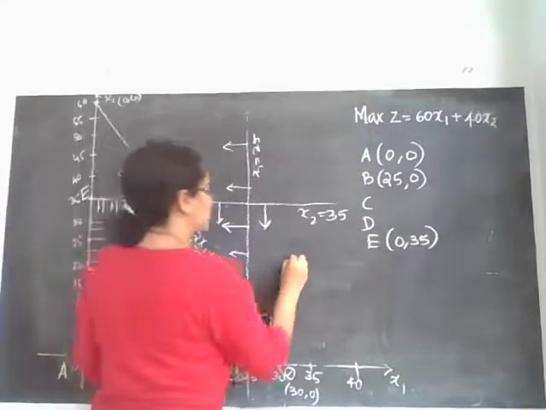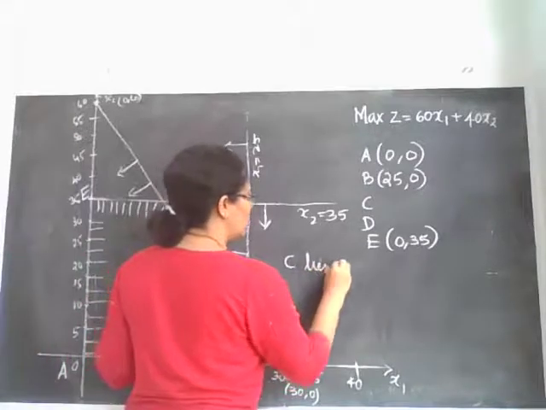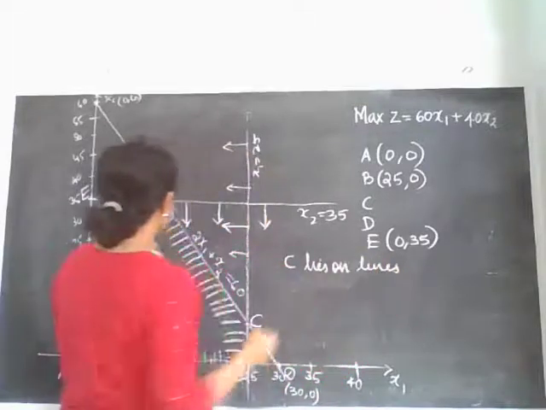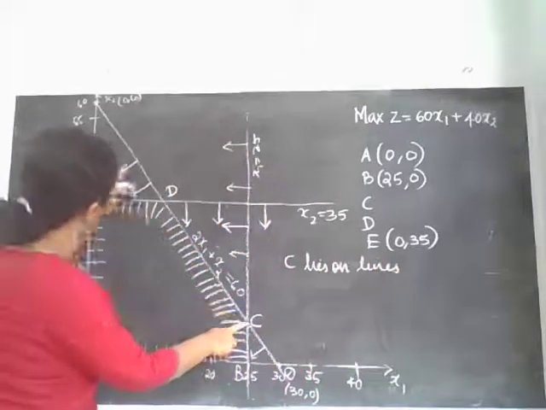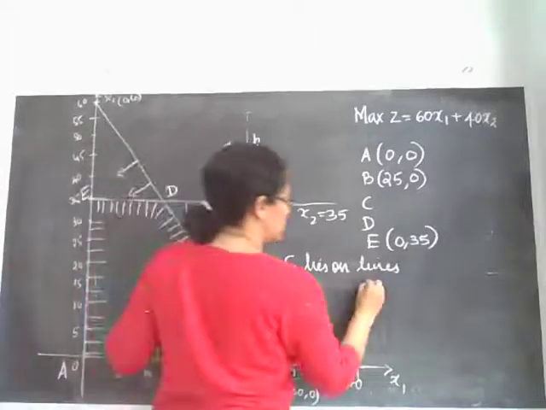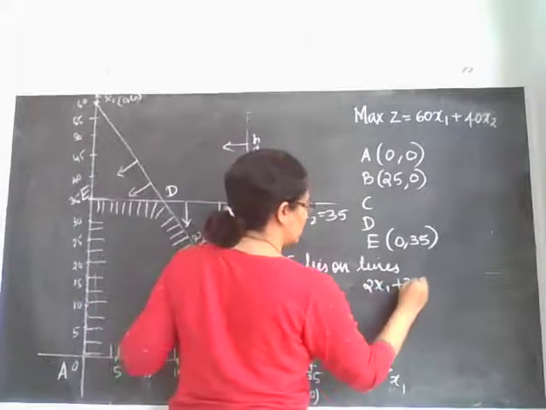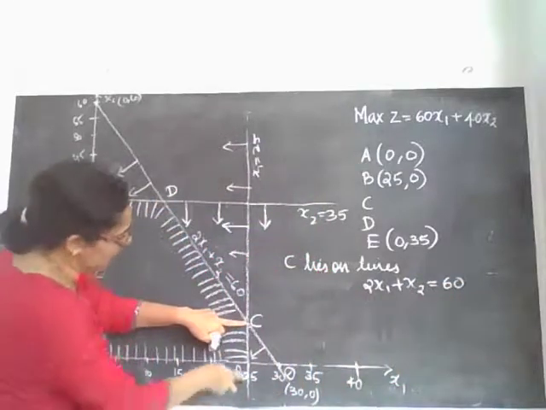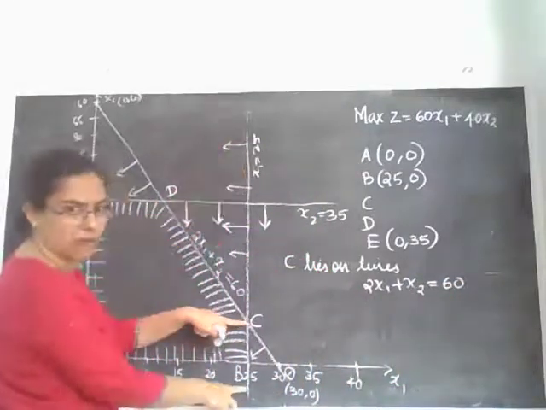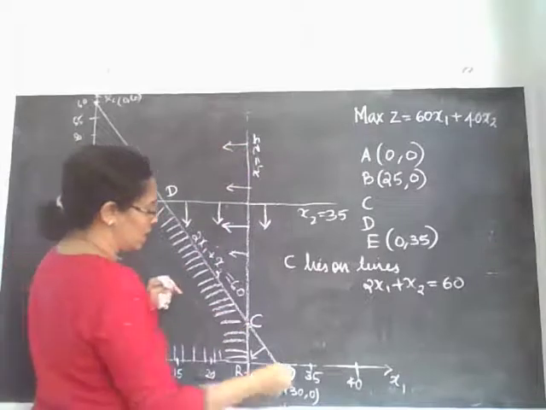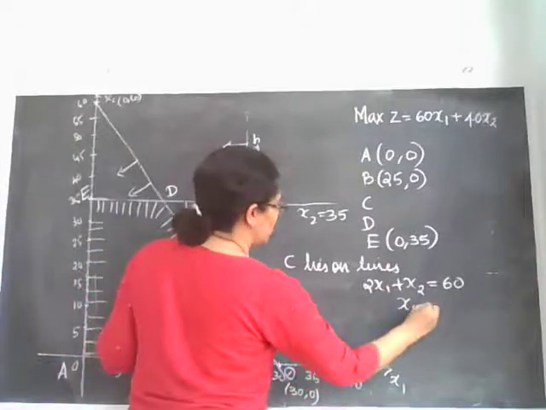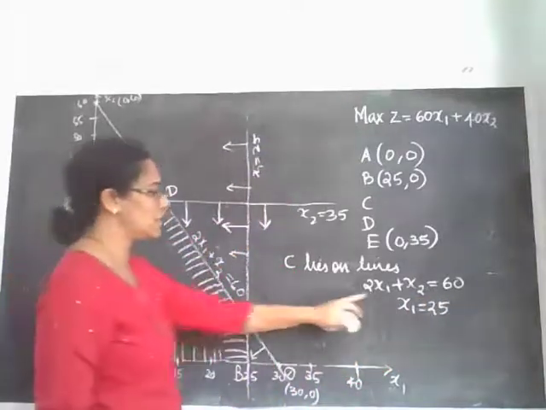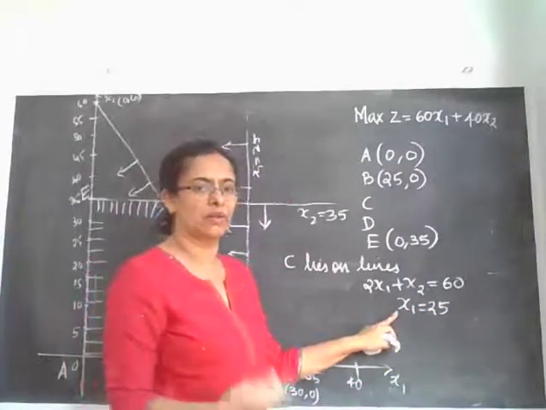C lies on two lines. It lies on 2x1 plus x2 equal to 60, and also on x1 equal to 25. Now you can easily solve because x1 is directly given as 25.